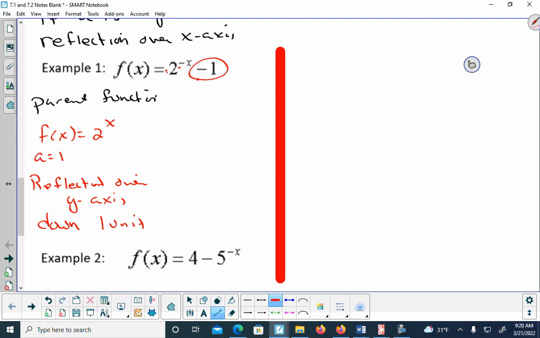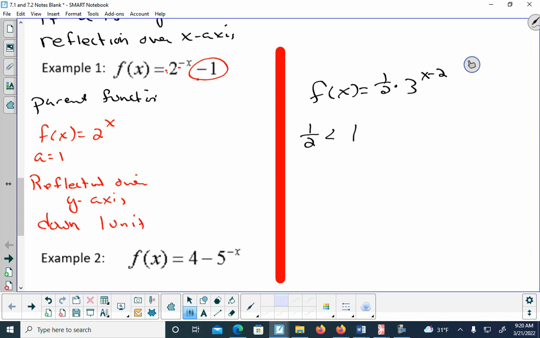So let's do another one. Let me just add one, so you're going to have to add it to your note sheet. Let's say f of x is equal to 1 half times 3 raised to x minus 2. So the a is 1 half. That 1 half is less than 1, so that's going to be a vertical compression of 1 half.